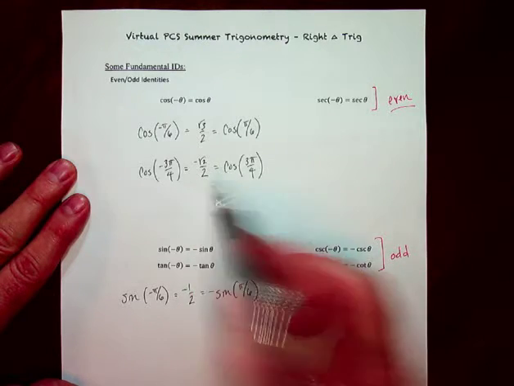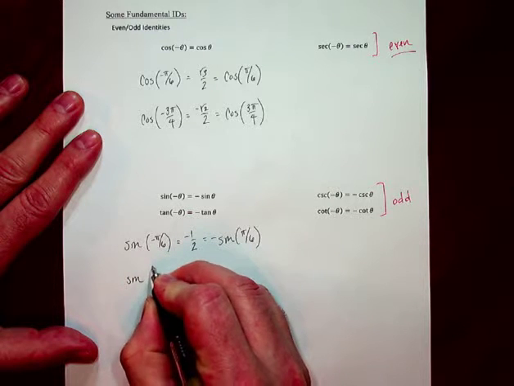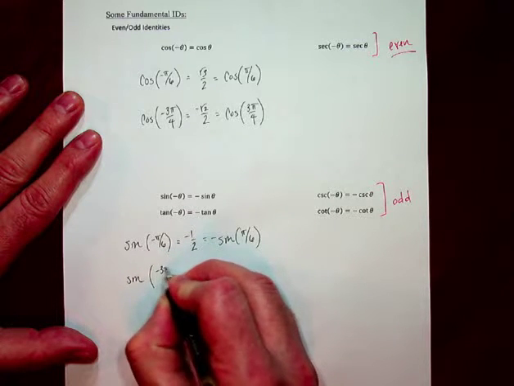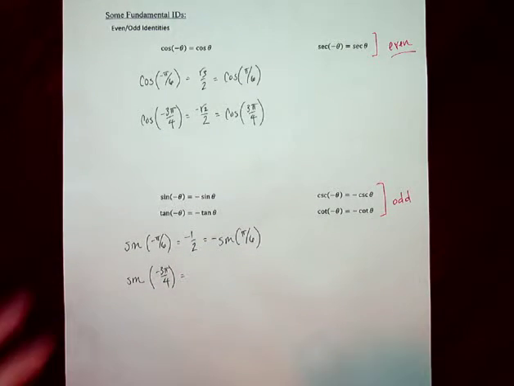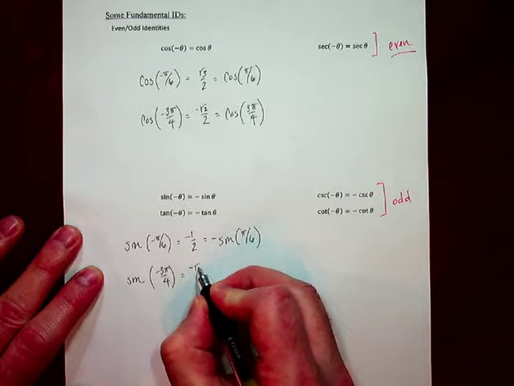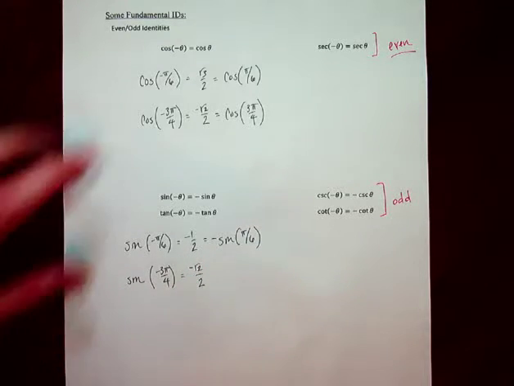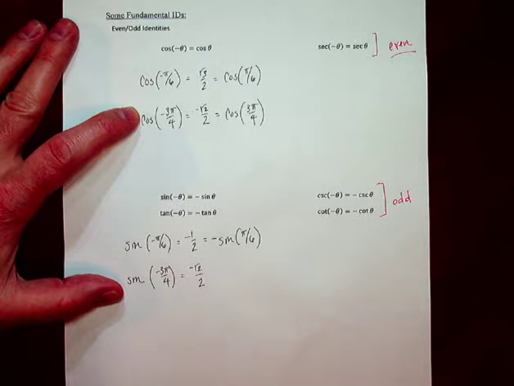Okay? And if we apply that same thing to sine, sine of negative 3 pi over 4 is also going to be negative root 2 over 2, because negative 3 pi over 4 is in the third quadrant, both x and y are negative, and therefore both the cosine and the sine are negative.